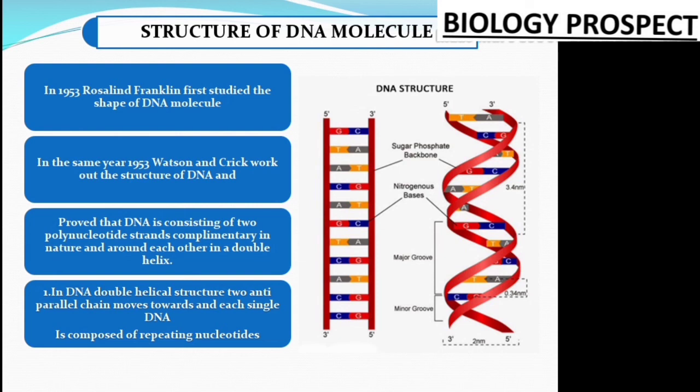We also gained some knowledge about purines and pyrimidines. The purine is 9 atoms joined with the nitrogen base, and the pyrimidine is 6 atoms joined with the nitrogen base. The second topic we learned in this chapter is new DNA strand formation, that is DNA replication.